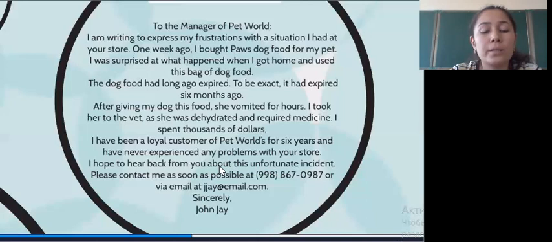We should show here what? We should show here the time. It is the time when we want the result of our complaint letter. So here is given, pay attention, the language: I hope to hear back from you about this unfortunate incident. And the next step is giving your email address or your telephone number.